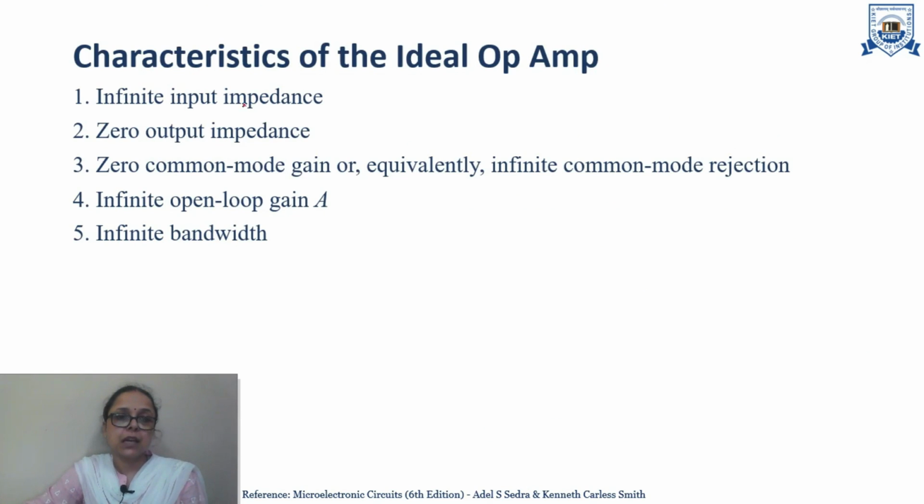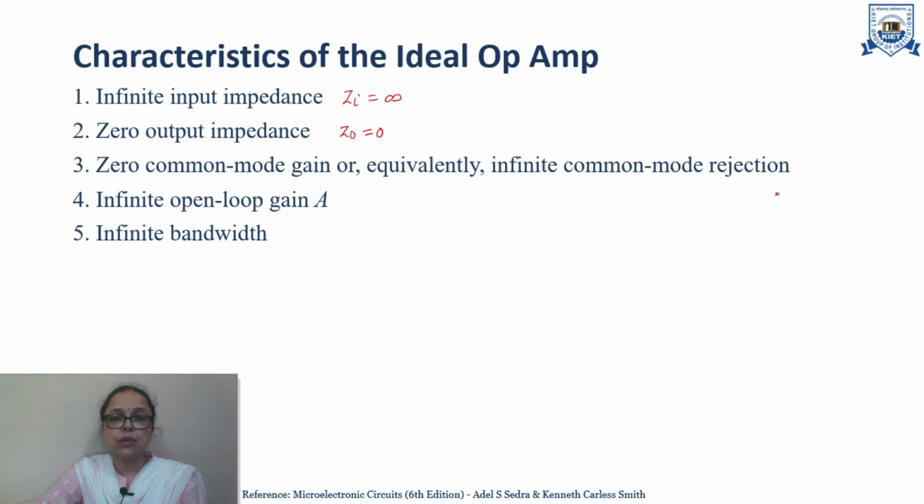Now coming to the characteristics of the ideal op-amp. The ideal operational amplifier has some characteristics: infinite input impedance, meaning Zi of the ideal op-amp is infinite, and 0 output impedance, meaning Zo is 0, and 0 common mode gain, or we can say infinite common mode rejection ratio.